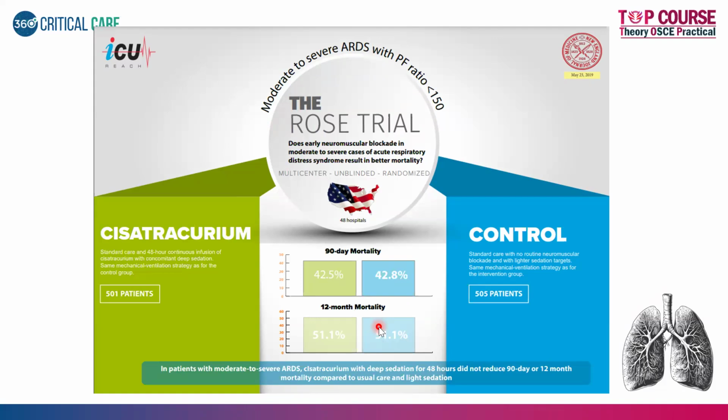Most of the inclusion criteria were similar to the ACURASYS trial, but unfortunately, they could not find the same benefit which was seen in the ACURASYS trial. This was a negative trial.